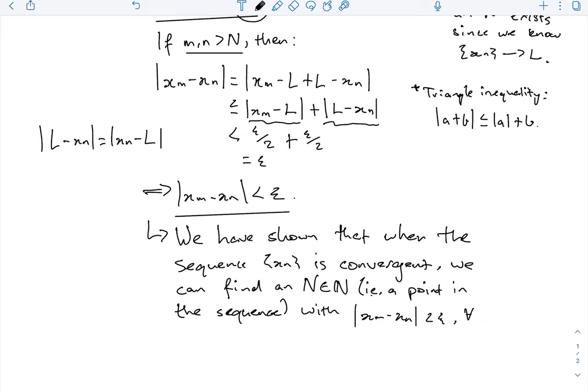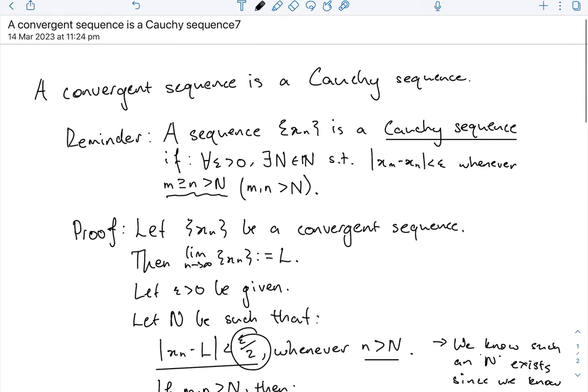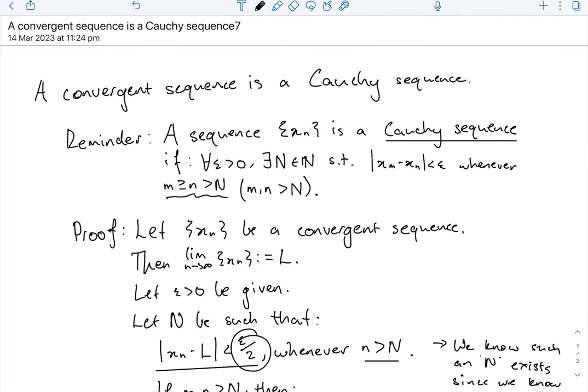And this is true for all epsilon greater than 0 as it was given in the proof, and whenever m and n are greater than N. So that completes the proof that a convergent sequence is a Cauchy sequence.